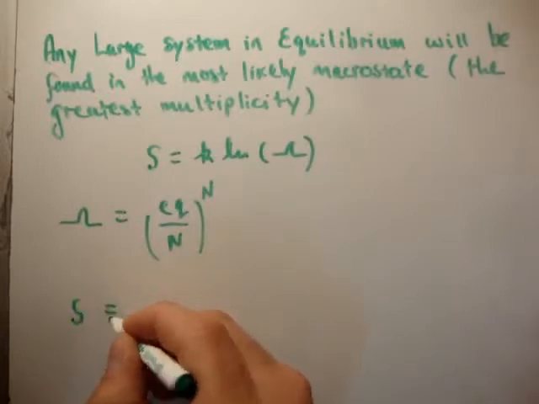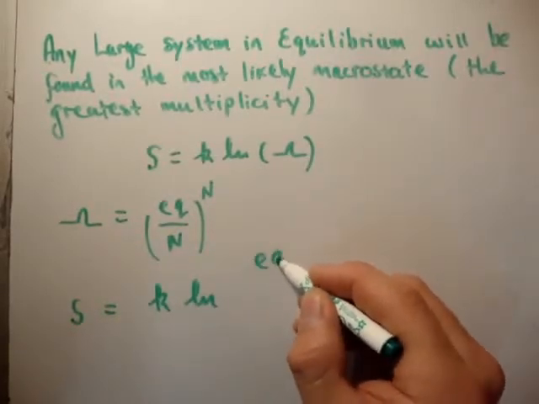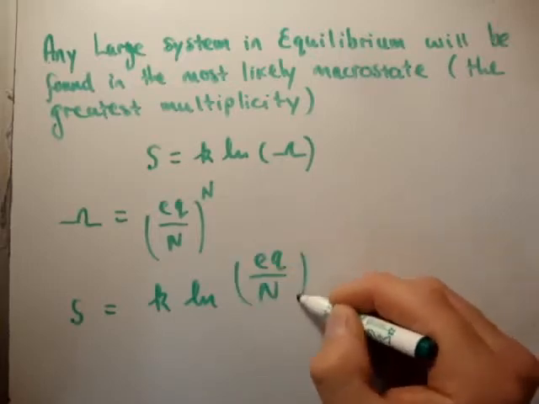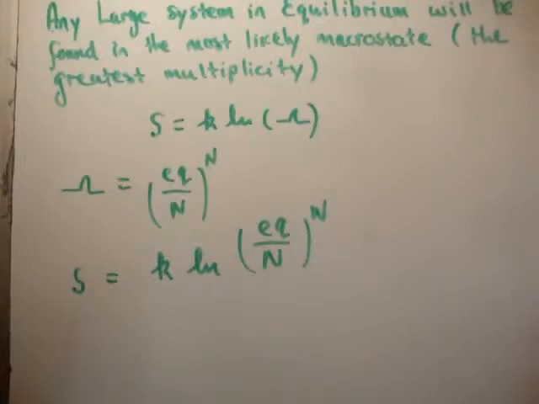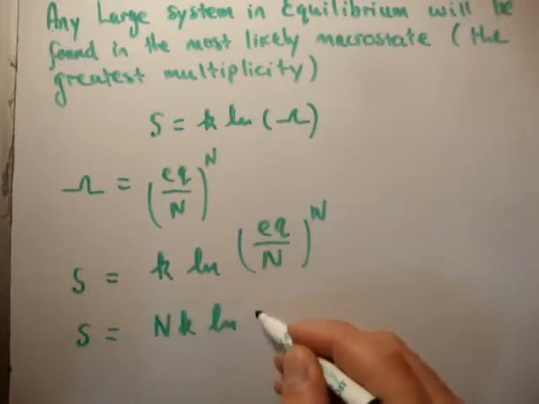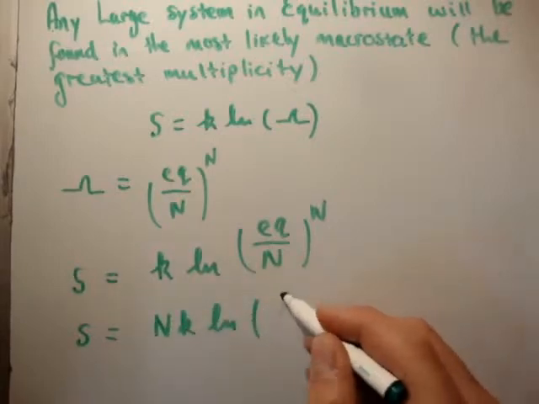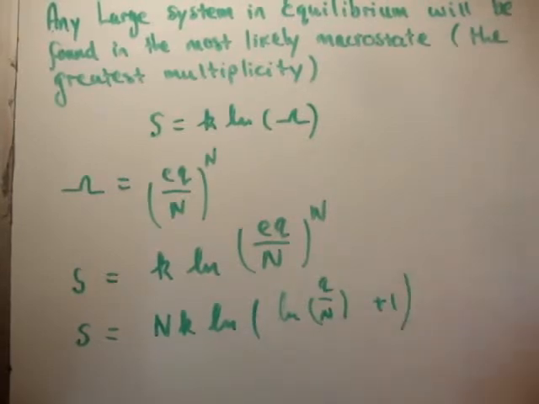So we get S is equal to k times the natural logarithm of eq over n to the n. Alright, so we could rearrange this by saying that S is equal to n times k times the natural logarithm of q over n plus 1. It's not very important to rearrange it that way, but that's the way we're going to rearrange it.